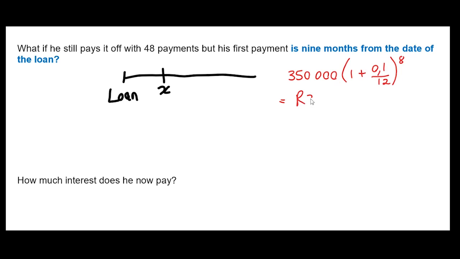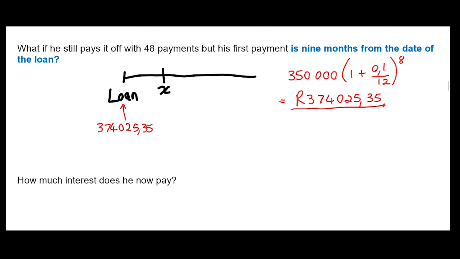And it comes to 374,025 and 35 cents. That is how much I actually will owe the bank at this point over here. Right, and now it's as normal because my first payment is going to be made in 1 month's time.